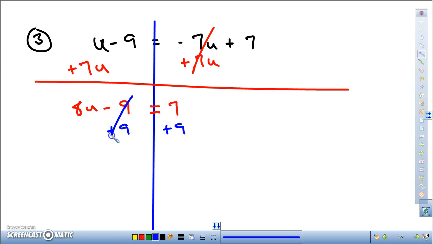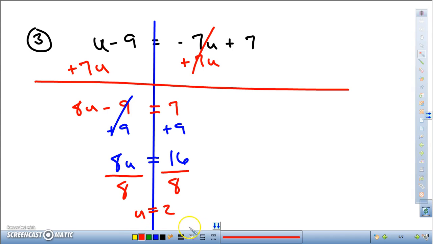So negative 9 plus 9 cancels. The 8u comes down. 9 plus 7 is 16. Now I have a one-step equation. I undo the multiplication by dividing on both sides. That leaves me with u is equal to 2. Looking at my answer choices here, that is answer choice A.